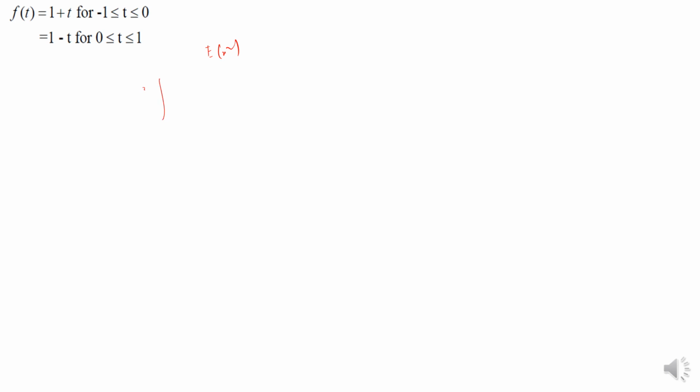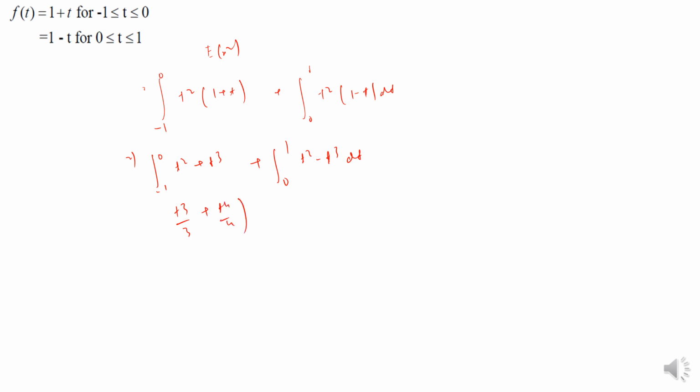That is nothing but minus 1 to 0 t square into 1 plus t, plus 0 to 1 t square into 1 minus t, which is minus 1 to 0 t square plus t cube, plus 0 to 1 t square minus t cube dt. Now this is t cube by 3 plus t power 4 by 4 from minus 1 to 0, plus t cube by 3 minus t power 4 by 4 from 0 to 1.